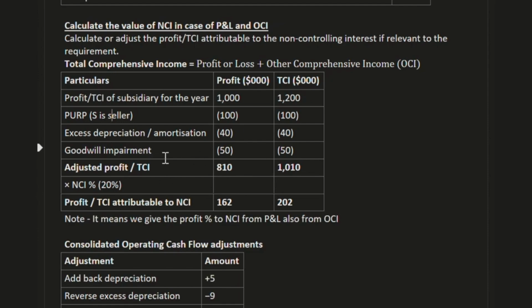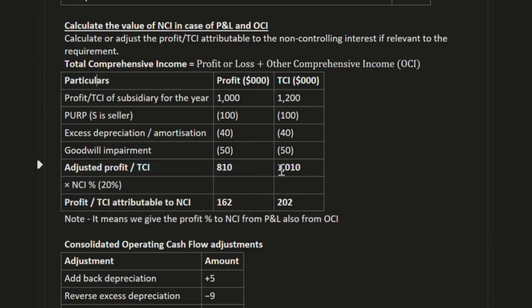So the NCI percentage will always apply to profit as well as to TCI. Both NCI proportions will be calculated. Note, it means we give the profit percentage to NCI from P&L and also from OCI. This is the simple meaning of this entire thing.